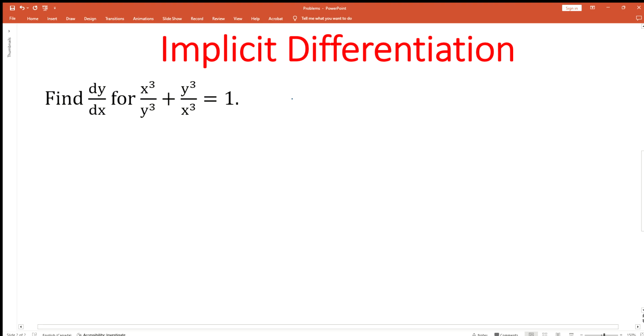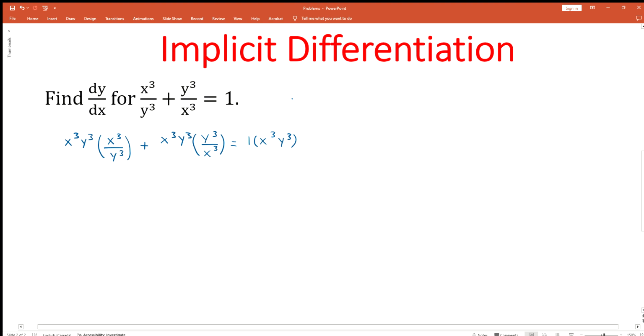So that should be our first step. I multiplied each term in this equation by x cubed y cubed.